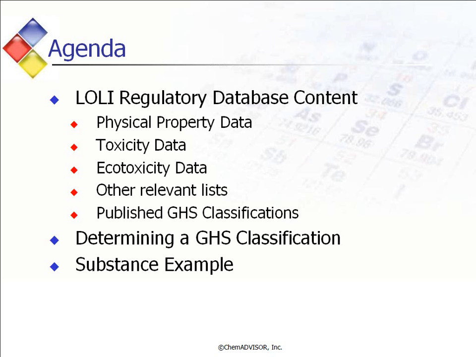But there are other lists within LOLI that contain relevant information that can also be helpful. Also, the LOLI database contains published GHS classifications. Once we review the data, we will walk through an example to identify how that data comes together and can be used to support determining a GHS classification.